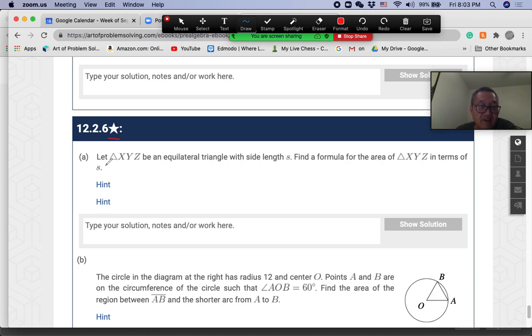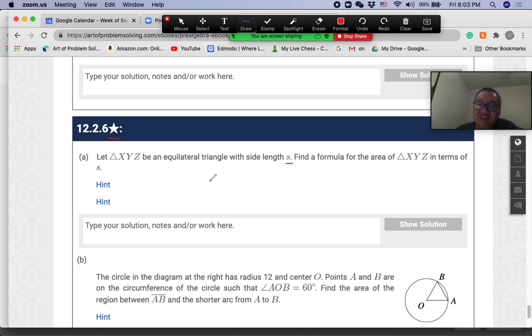Now let's say, let triangle XYZ be an equilateral triangle with side length S. Find a formula for the area of triangle XYZ in terms of S. See, we already did this, right?